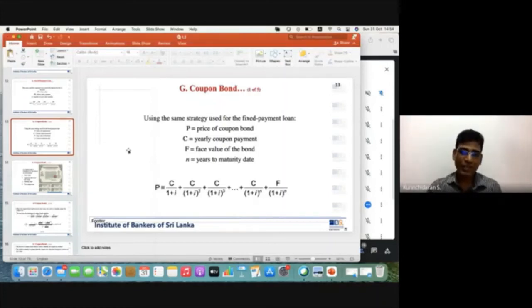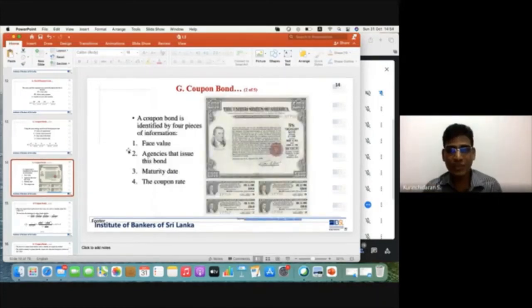Now in this picture, this is a US coupon bond, the United States of America. In it you could see 4 items. One is the face value, 5,000 bucks. Then the agency that issued this bond, the United States of America, that's a government bond.